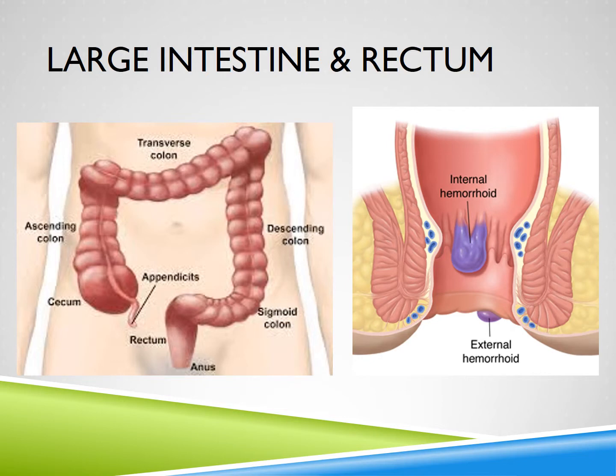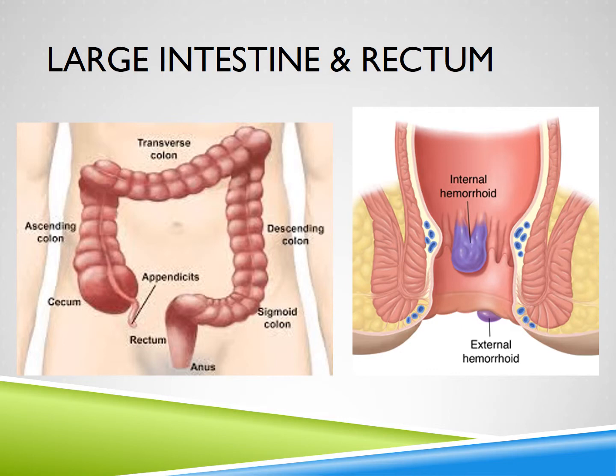Just a little overview of the anatomy of the large intestines and rectum. Remember that the large intestine begins at the cecum, and as we move to the ascending colon, it's going toward the top of the body.